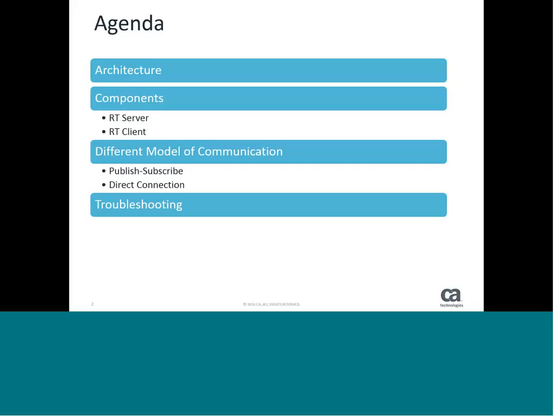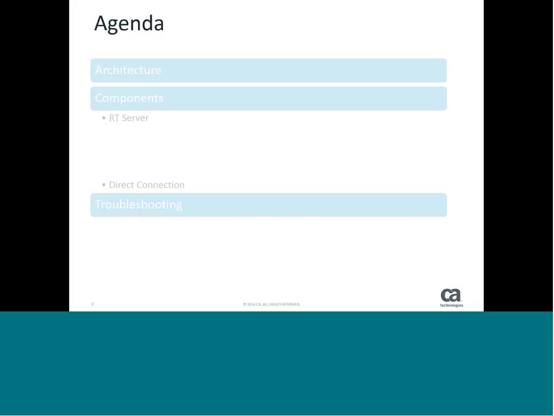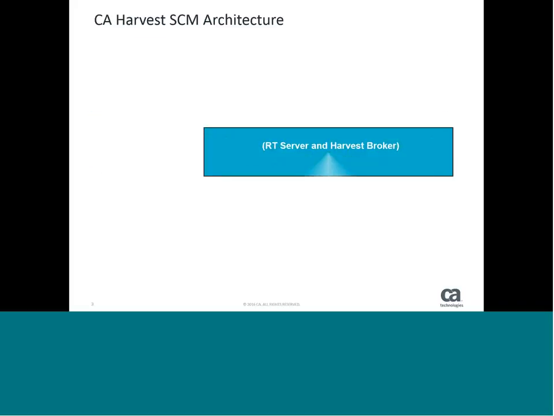So I'm starting now with the architecture. Inside Harvest, we say enterprise, there is a software product known as Enterprise Communicator that is the heart of Harvest. It is responsible for all the communication that happens inside Harvest.